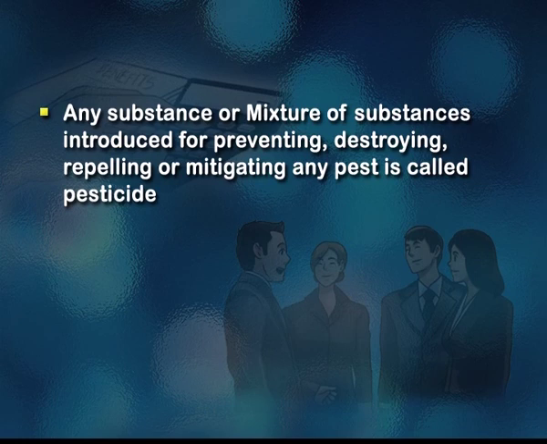According to the Federal Environmental Pesticide Act, a pesticide is any substance or mixture of substances introduced for preventing, destroying, repelling or mitigating any pest, and this is how pesticides are defined. So, they have an inhibitory, destroying or repelling effect on the pests.